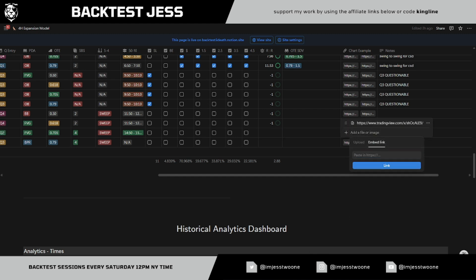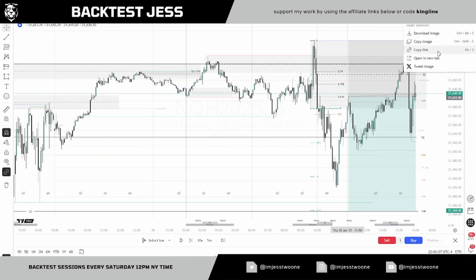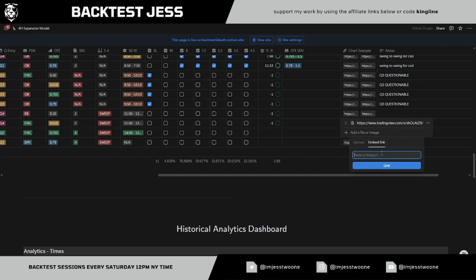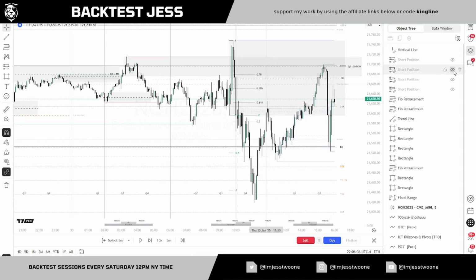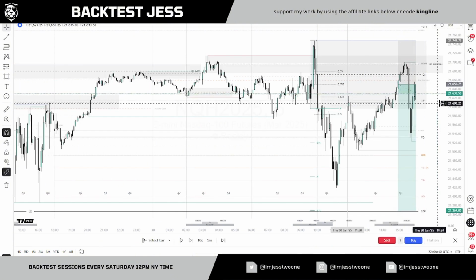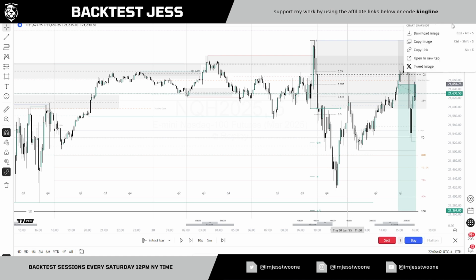Did I copy the link or the image? Just to be sure. Alright, and now the last 2 should be in profit. This is barely 1R there. I'm going to call that BE.